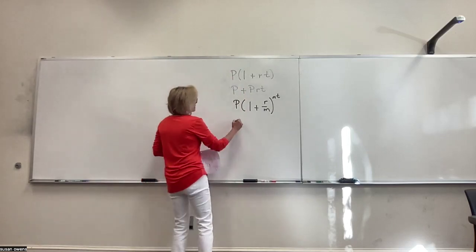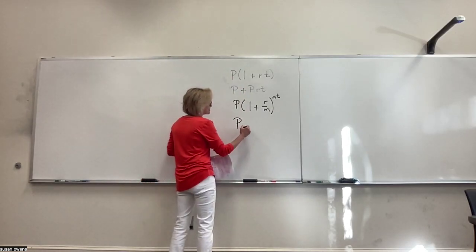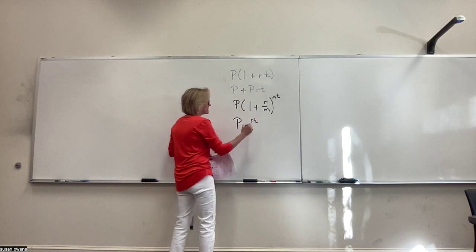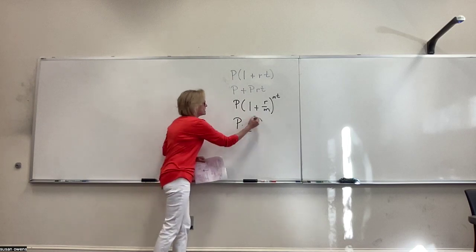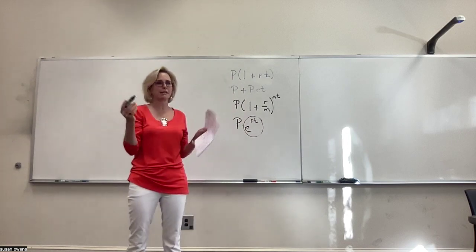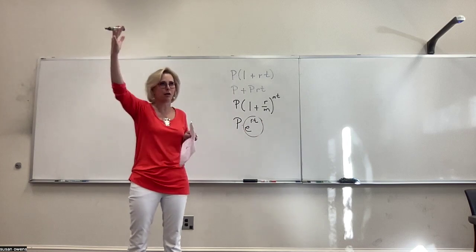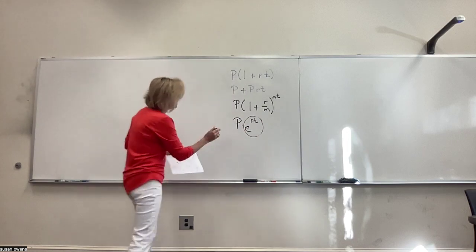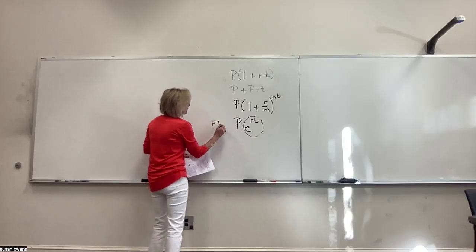It is P times the number E to the R times T. Just the E is to the RT. That's not in parentheses, P E to the RT. So this is the formula that we're going to use today.